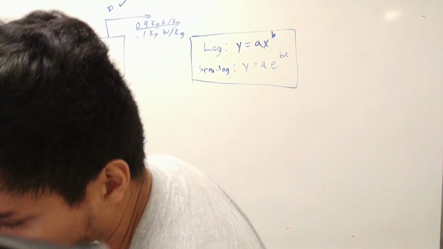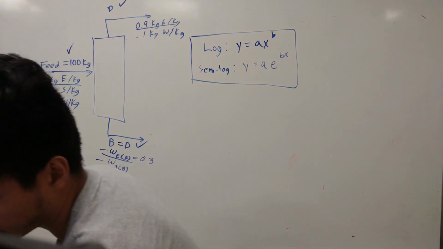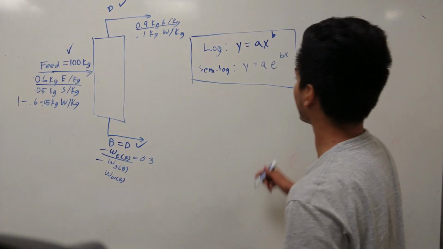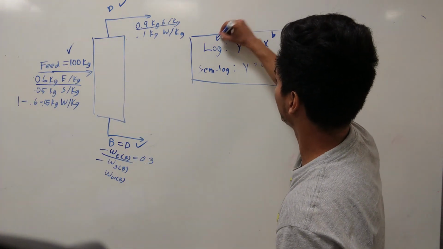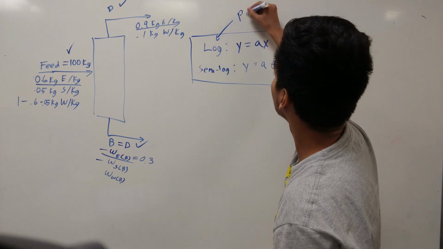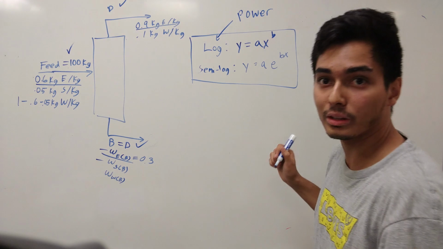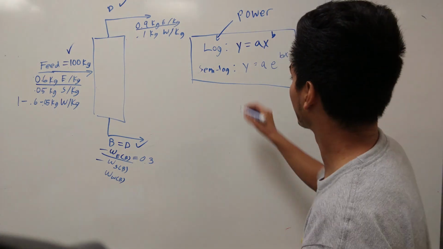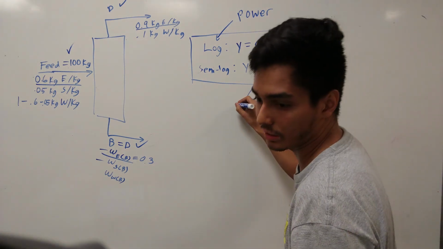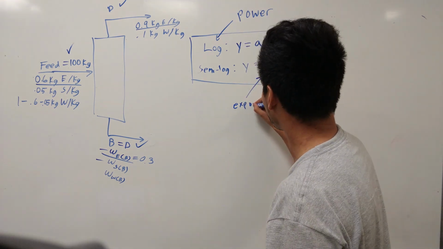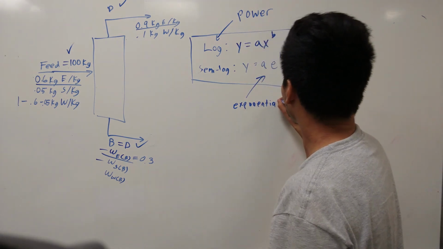So notice how for the log scale, we're going to use the power law, okay, right? Because it's x to the b, so that's a power law function. And then for this guy, we're going to use an exponential equation. All right? So what does that mean?